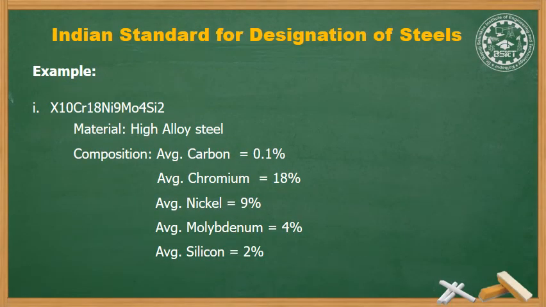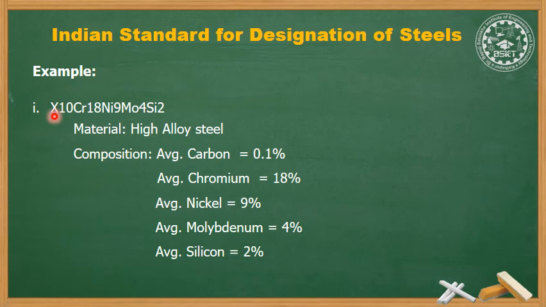The designation is given like X10 Cr18 Ni9 Mo4 Si2. As the designation starts with the letter X, obviously this designation belongs to high alloy steel. If it were XT, then it would belong to high speed tool steel.